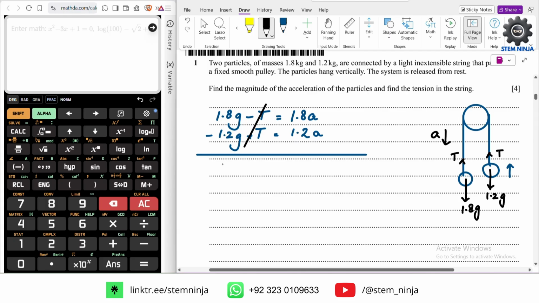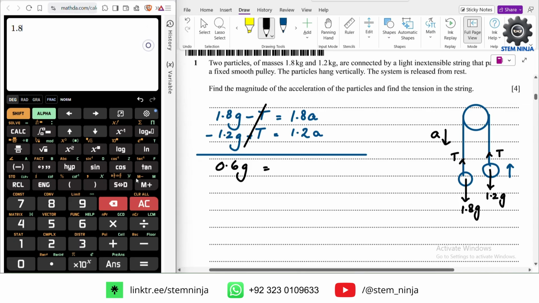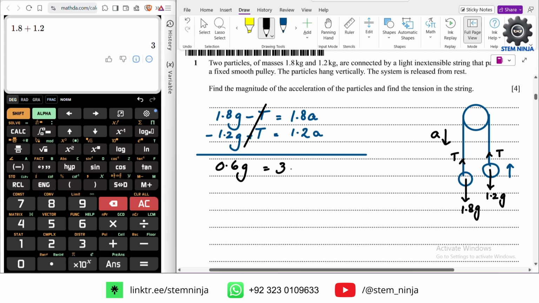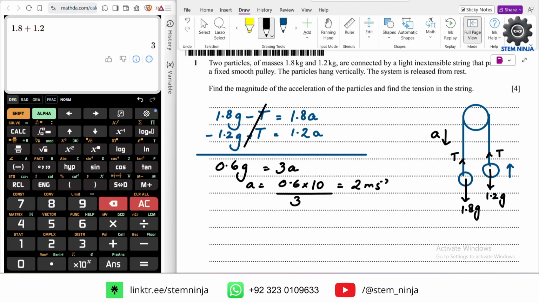So 1.8 minus 1.2 is 0.6 g equals 1.8 plus 1.2, that is going to be 3a. So a would be 0.6 times 10 meters per second squared divided by 3, so 6 divided by 3, 2 meters per second squared.